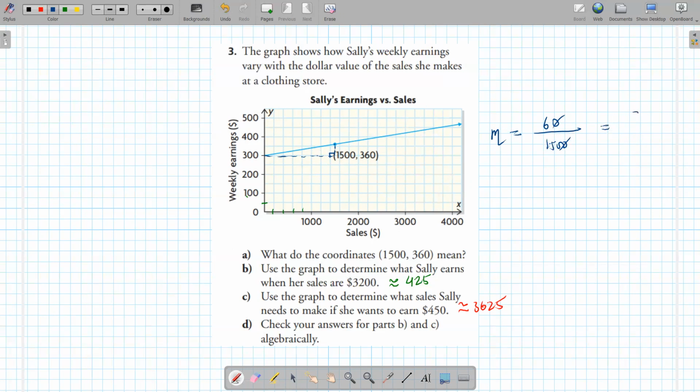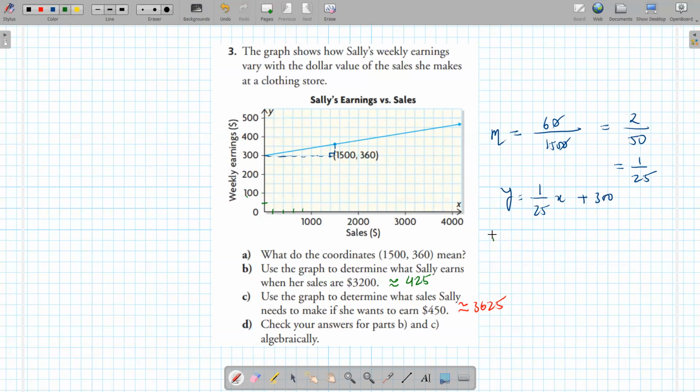So our slope is 60 over 1500. 6 over 150 means 3 goes into 6 twice, 3 goes into this 50 times, or you can even go further. You can say it's 1 over 25. That is our slope. So therefore our equation is y = (1/25)x + 300, okay?